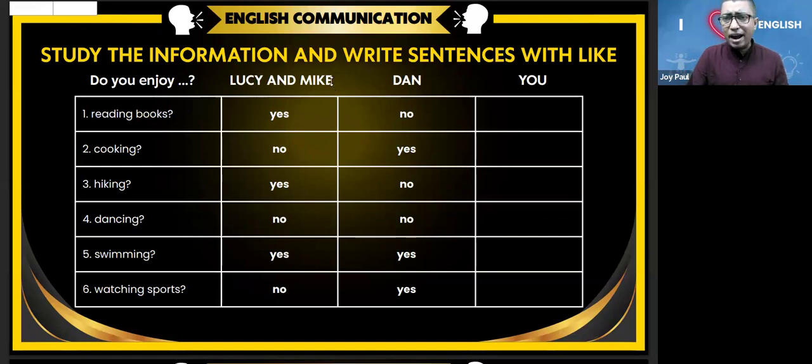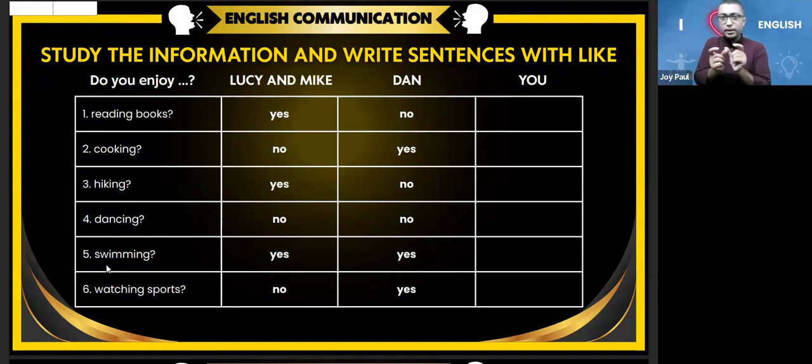Let's see a few more exercises. Study the information and write sentences with this. Listen, there are a few examples. Do you enjoy? Lucy and Meg, Dan, or you? There are a few different ways. Let's say reading books, cooking, hiking, dancing, different activities.